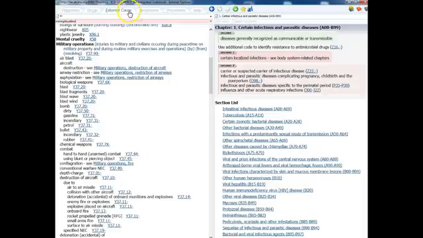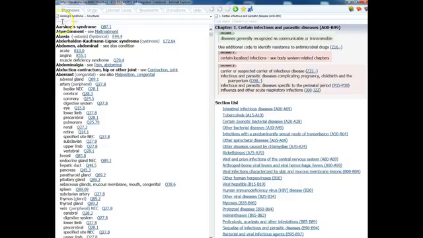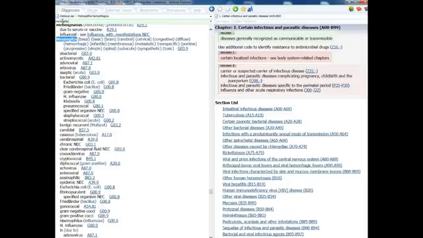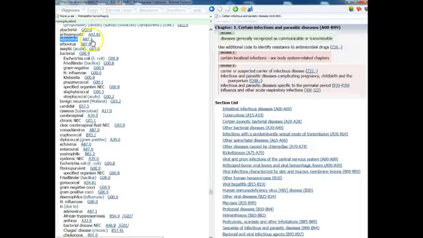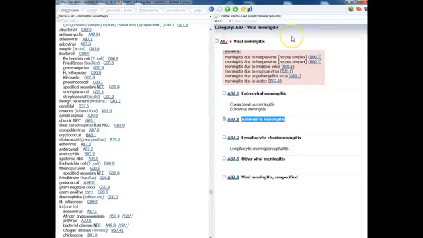Oops, see, I'm in the external cause tab. I can't find this code there. I have to go back to diagnoses. So adenoviral meningitis A87.1. Now, there are some chapter-specific guidelines, which certainly we will go over in detail when we're studying those chapters, where we do not code possible, probable, or rule out. And these are the codes for AIDS.